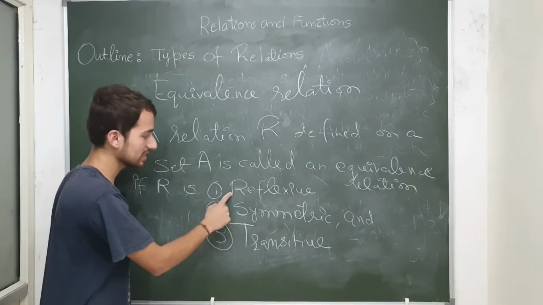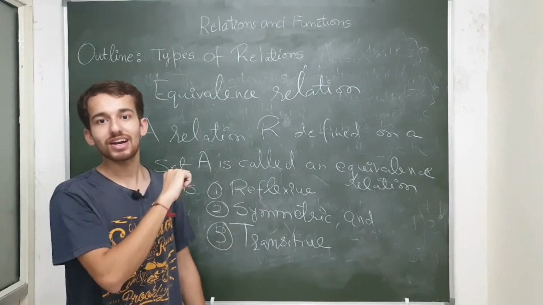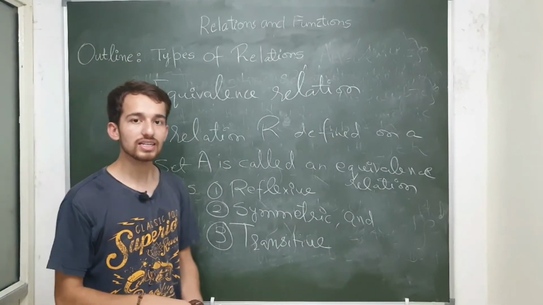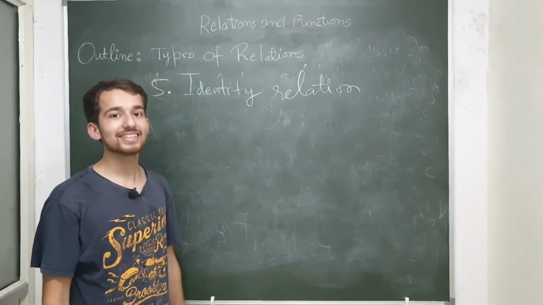That is, it is reflexive, it is symmetric, it is transitive. If a relation R satisfies all these properties, then we say that relation R is an equivalence relation. Right? Now let's try to understand identity relation.